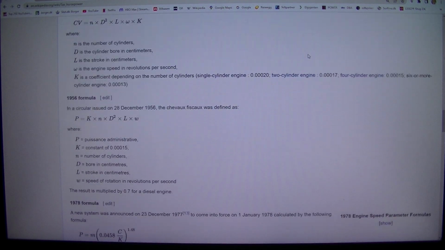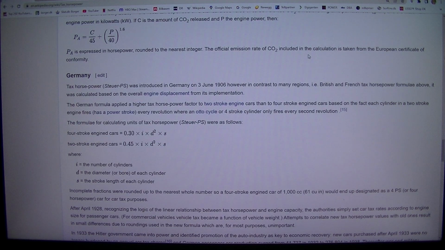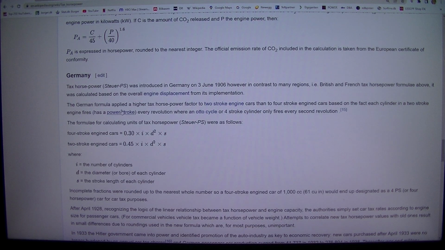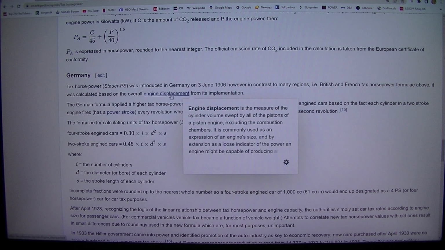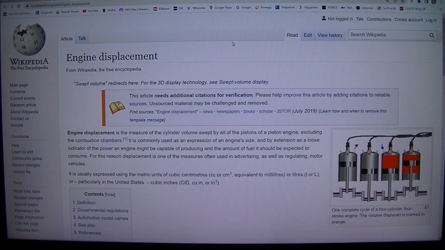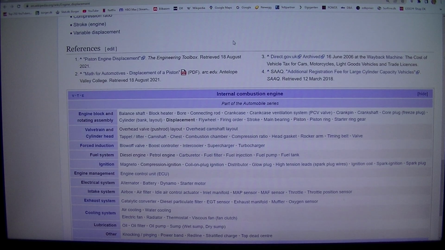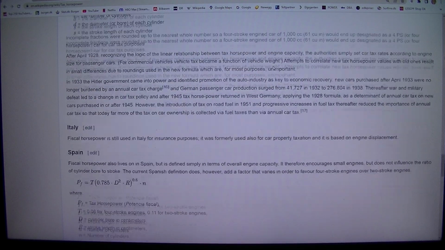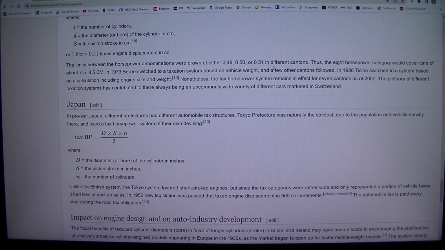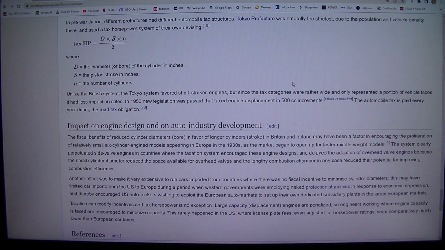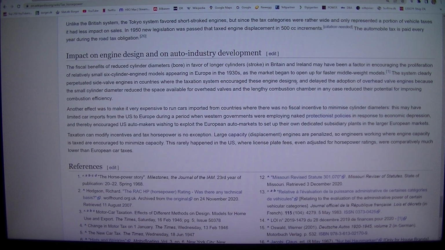So, engine displacement, we could read that's for engine, but this is how I collect my links, all kind of random, but I put it in a kind of order.